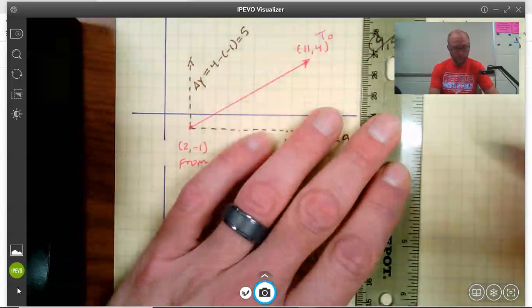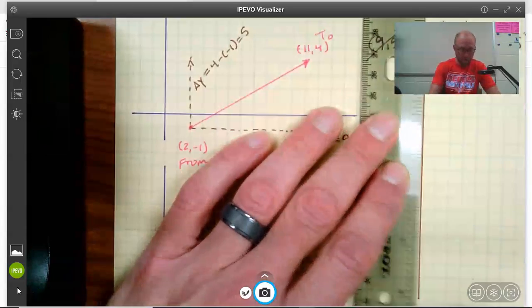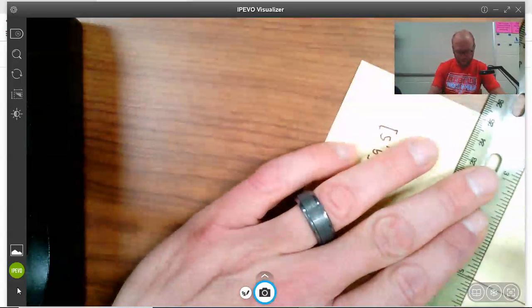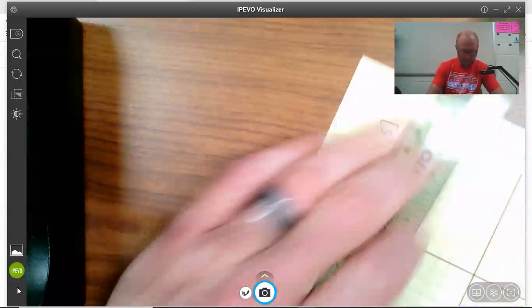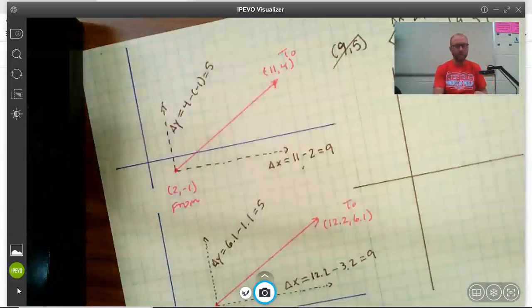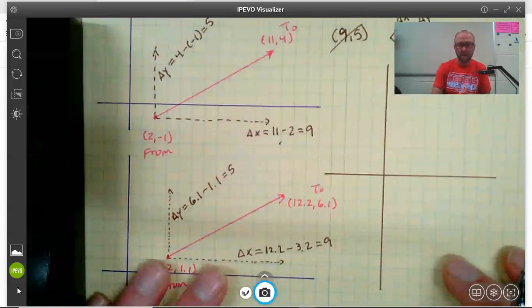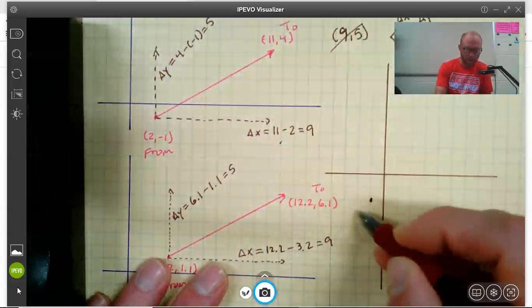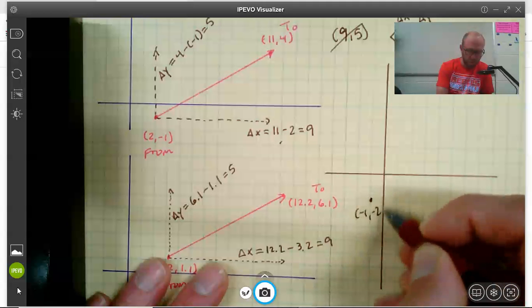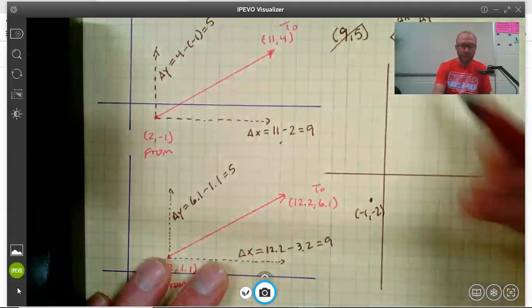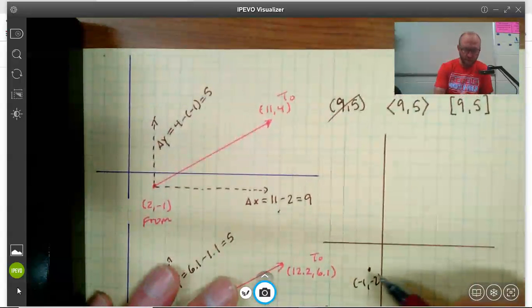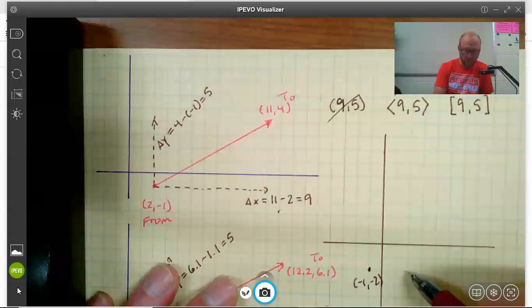If you want to draw your own, I'll go here. So let's see. I can just pick some random old point, like right here. This is (-1, -2). And if I want to represent the vector ⟨9, 5⟩, I just move 9 spaces forward. 1, 2, 3, 4, 5, 6, 7, 8, 9.